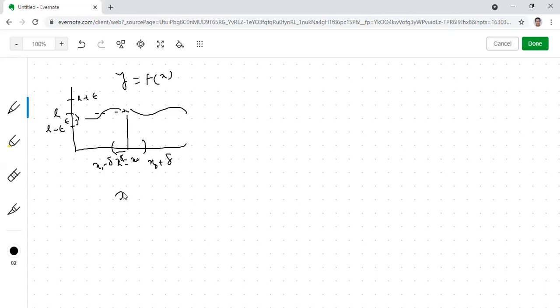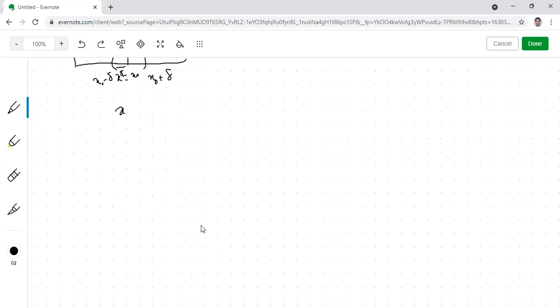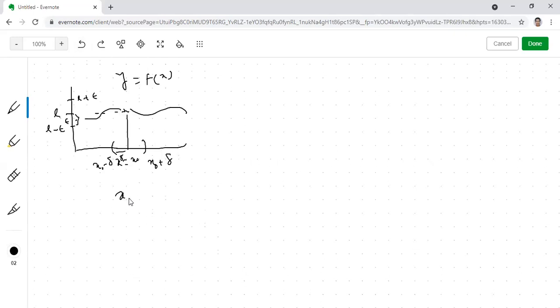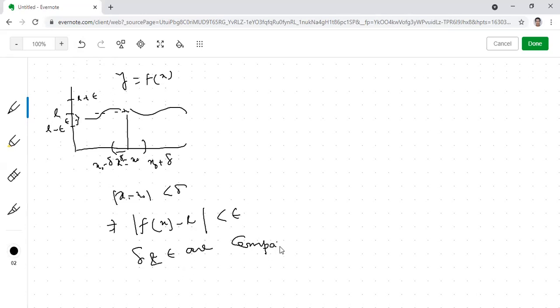So whenever we vary the value of the independent variable in the interval delta, then the functional value f(x) minus the limiting value, these are all functional values and this is the limiting value, if this is less than epsilon, and delta and epsilon are comparable, then we can say that the limit as x tends to x0 of f(x) equals L.